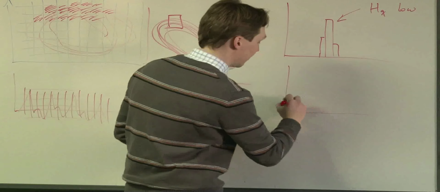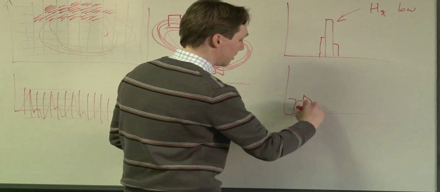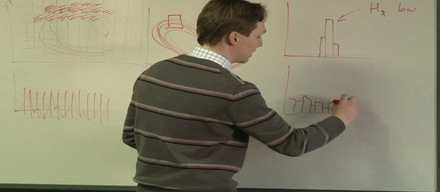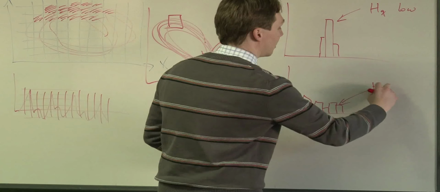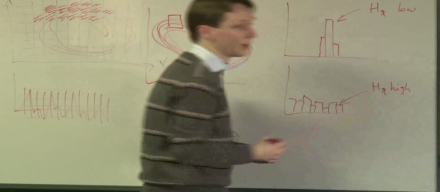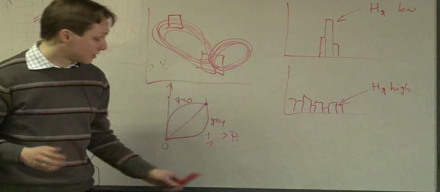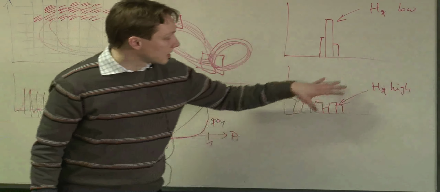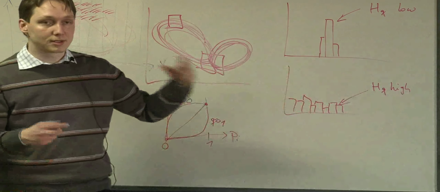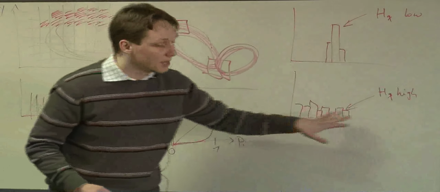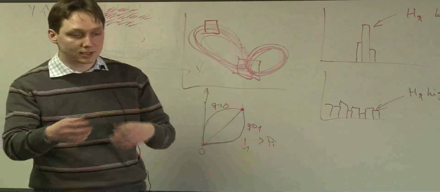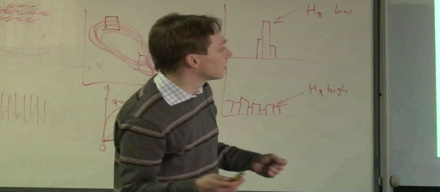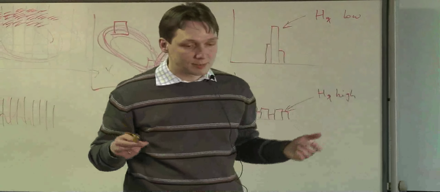On the other hand, when I have many boxes which are more or less equally occupied, then I would have high values. That means I have less idea for predicting the state of my system, because there are many different states which are more or less equally frequent. This is maybe some heuristic interpretation of this.